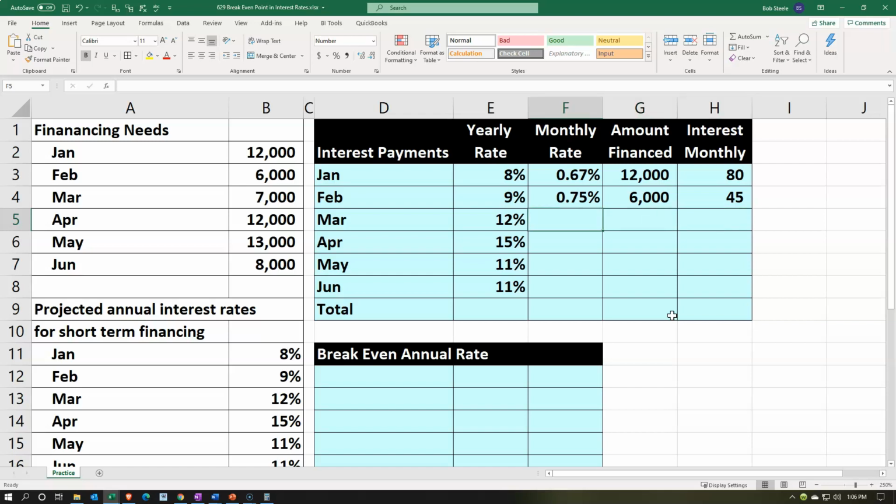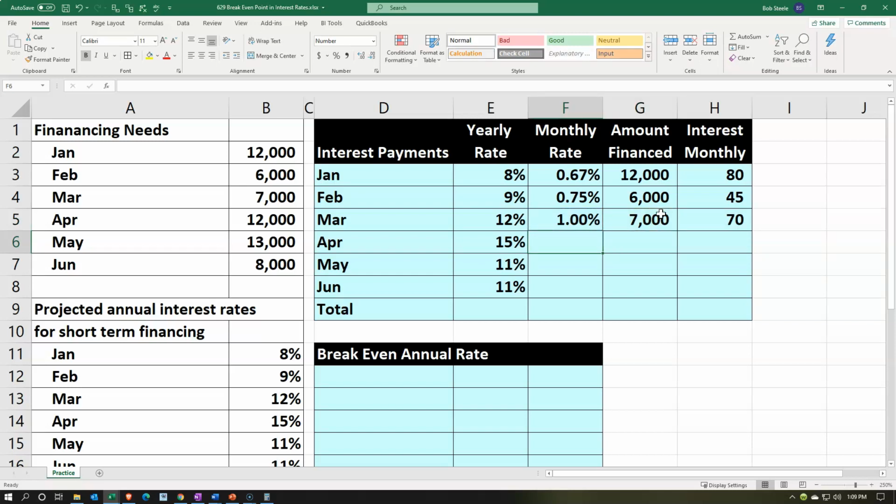Okay, and then we're going to go to March, which is going to be equal to the 12% divided by 12. Then let's percentify this, go into the Home tab, Numbers group, making a percent, and then adding a few decimals. So now we've got the 1%. And then we're going to pick up the amount of the loan, 7,000 for March. And then let's multiply this out. Obviously, the 1% times the 7,000 is going to be 70.